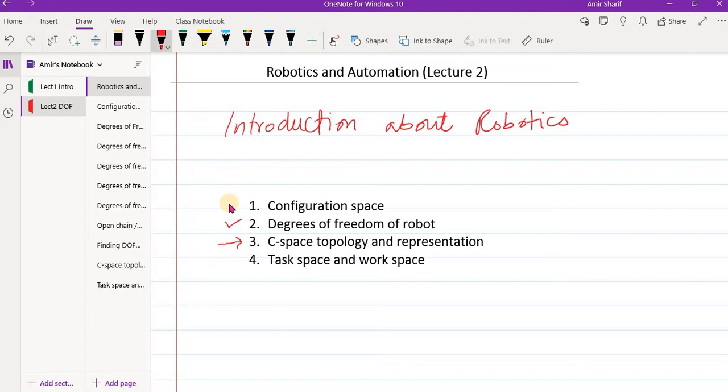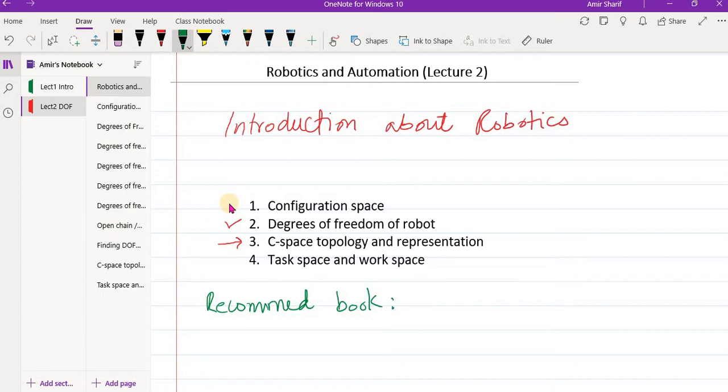Before going into detail, I want to inform you that if you want more reading about all these topics, I shall recommend this book.